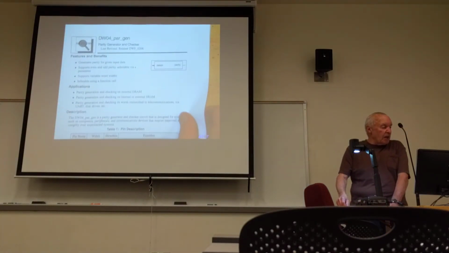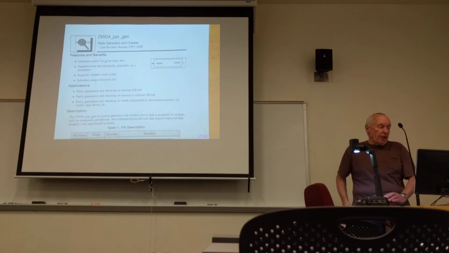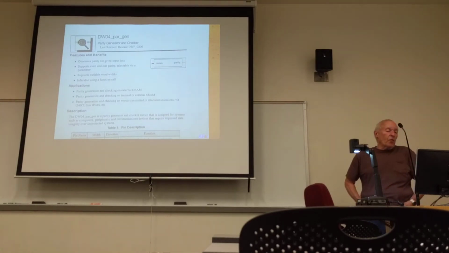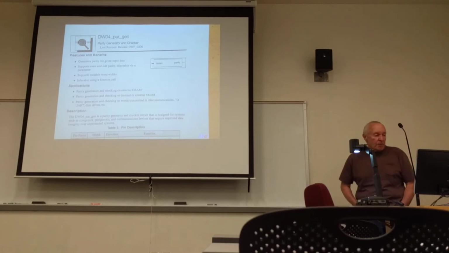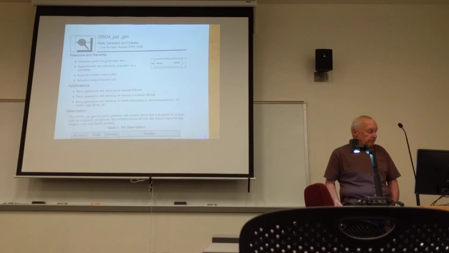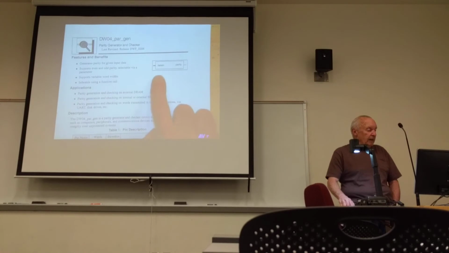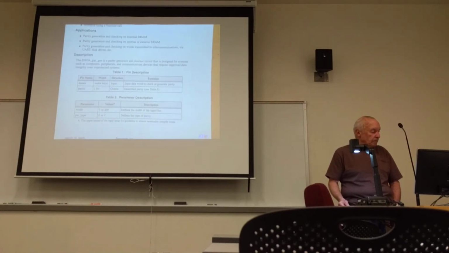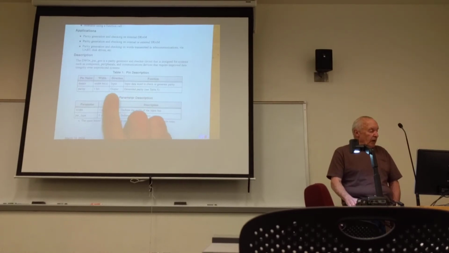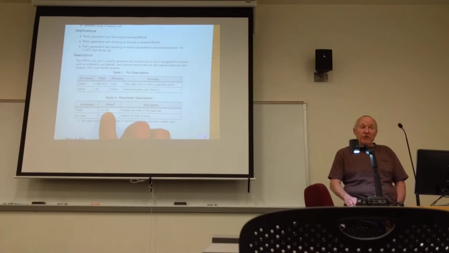Next device is a parity generator used for checking the integrity of data that's being transmitted between two places. So it takes data in and then generates a parity output. So you have data coming in of a certain width in terms of number of bits, which can be as high as 256 bits of data.